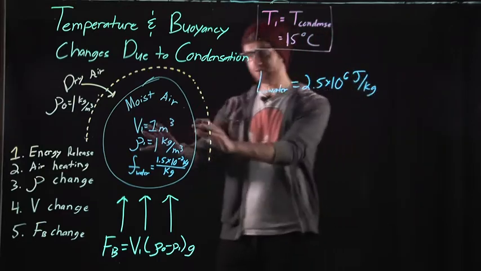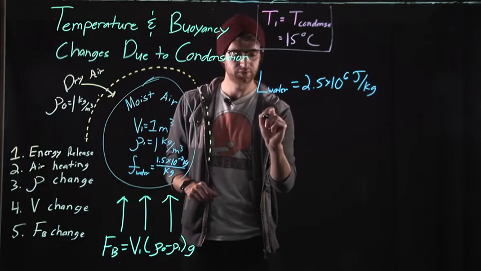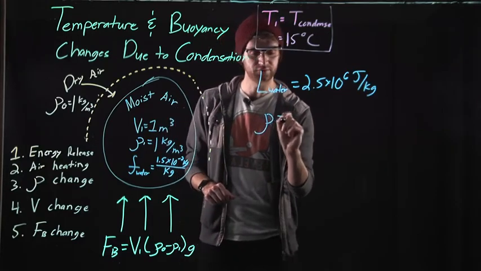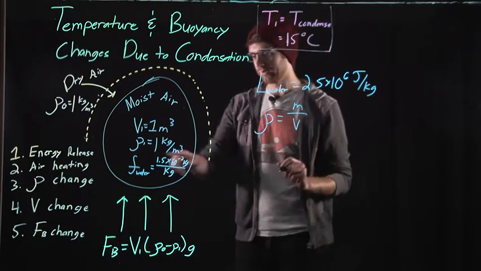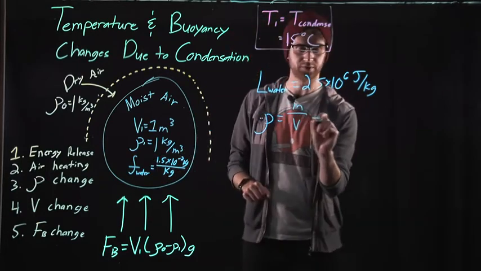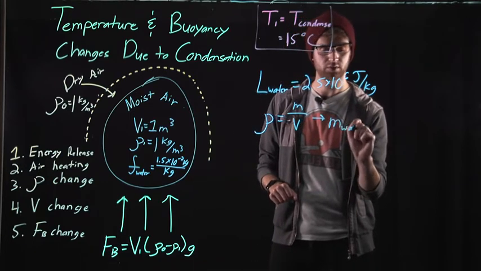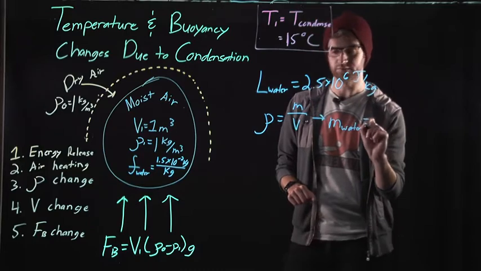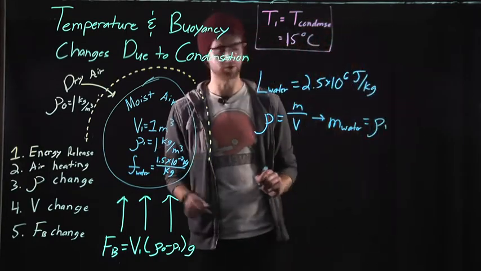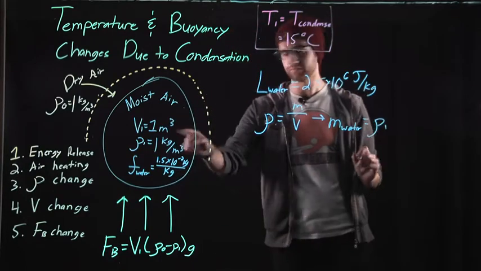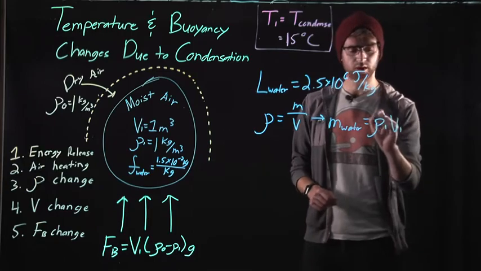So what is the mass of the water? We have a density, which has units of mass divided by volume, and we have a volume, so the mass of the water equals rho 1, which is 1 kilogram per meter cubed, times V1, which is 1 meter cubed.